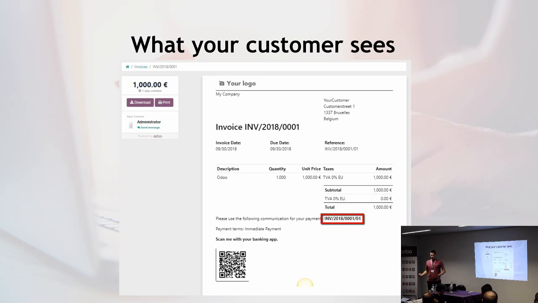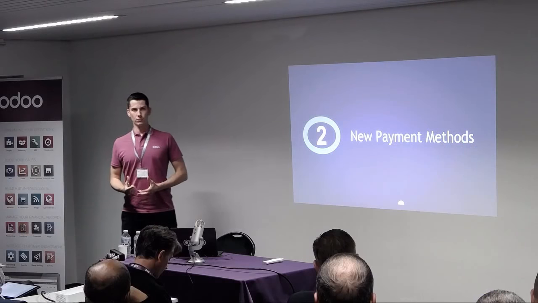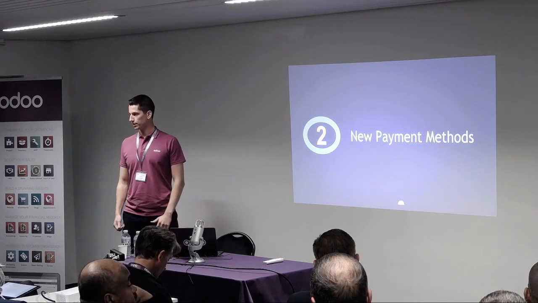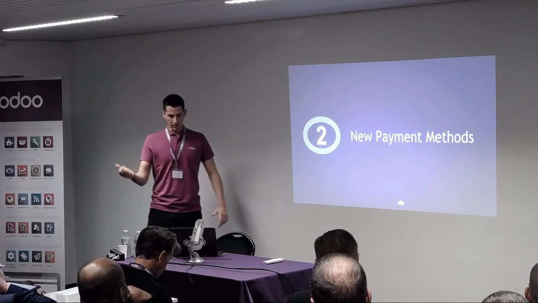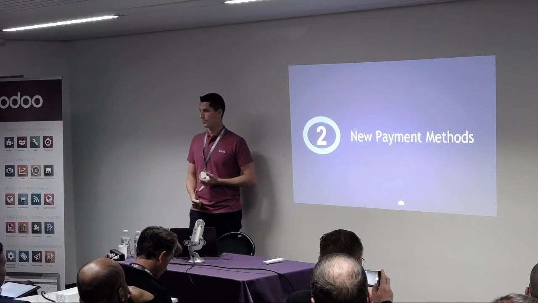For us that's not enough, because we think that it can be quicker than that. You might already have seen it on the invoice that was just there, the little square in the bottom. We think that it's very important that it's easy for your customer to pay you quickly, if it's in his online portal, or if he gets his invoice by mail.